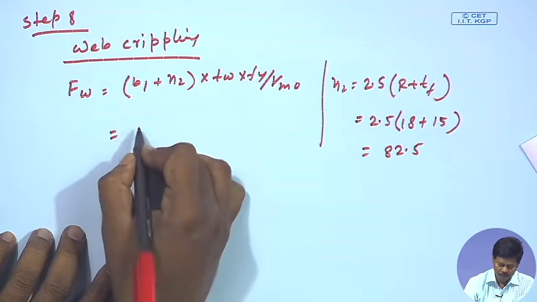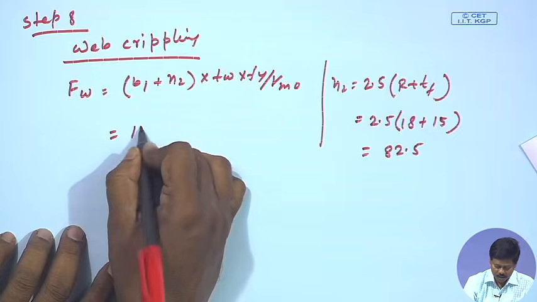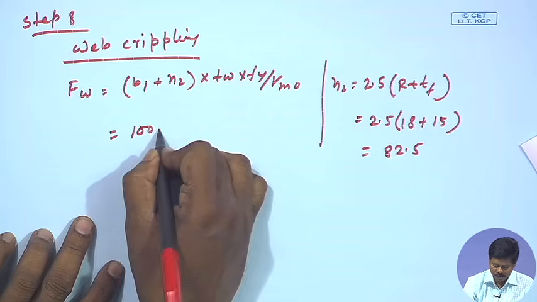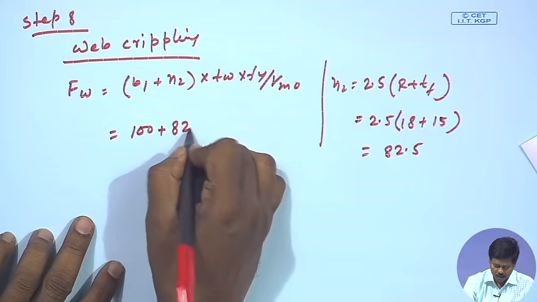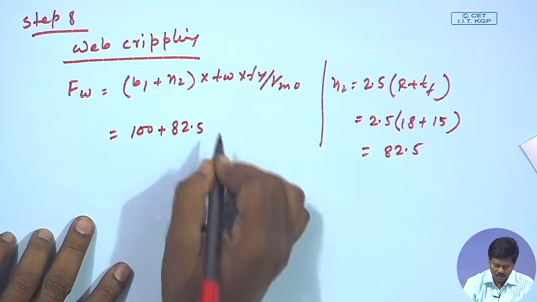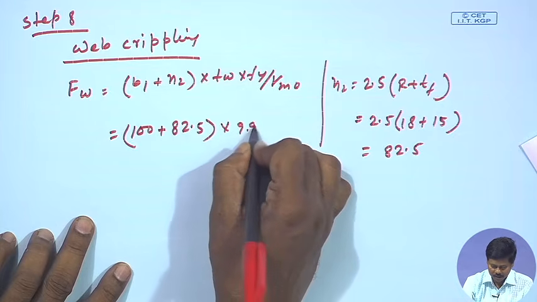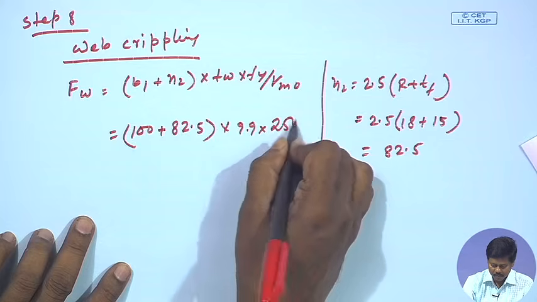So, B1 we have considered 100 mm length of bearing. So, 100 mm plus 82.5 as N2, and thickness of web is 9.9, then 250 by gamma m0.